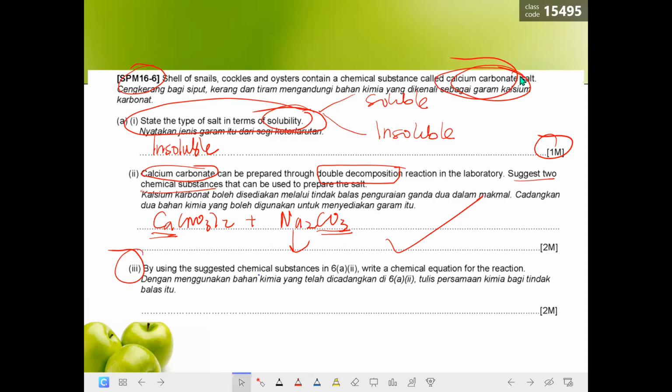Anyone? Calcium nitrate, okay, go ahead, plus sodium carbonate, arrow calcium carbonate with sodium nitrate. How many sodium nitrate? 2. Correct.